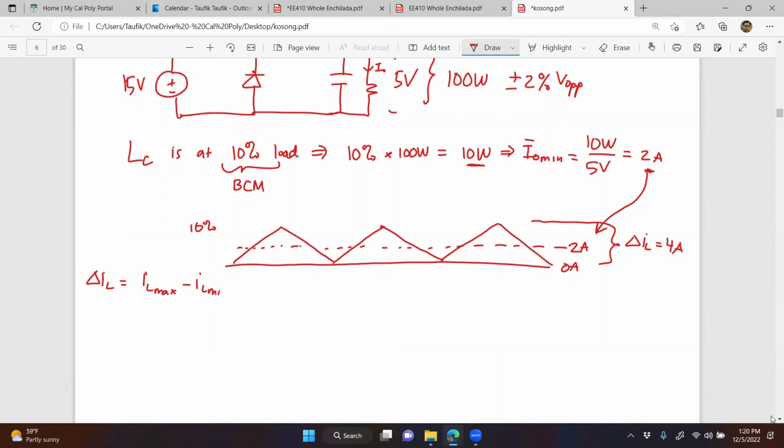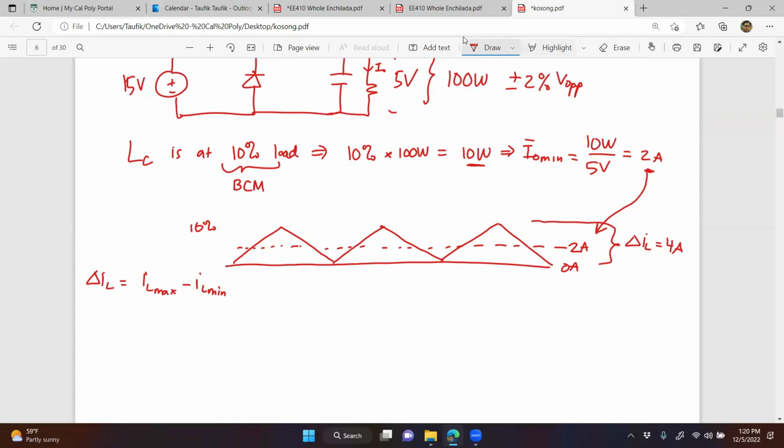The equation is not the difference of averages. If I said I out max is 100 watts divided by 5 volts, that's 20 amps, and I out min is 2 amps, I can't say 20 minus 2 is 18, and that's delta IL.